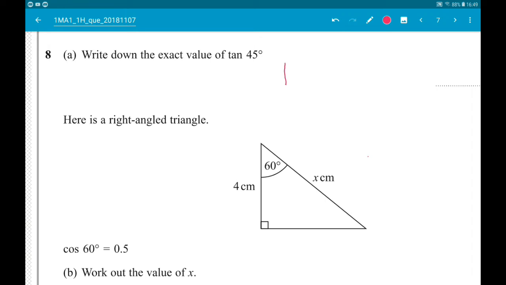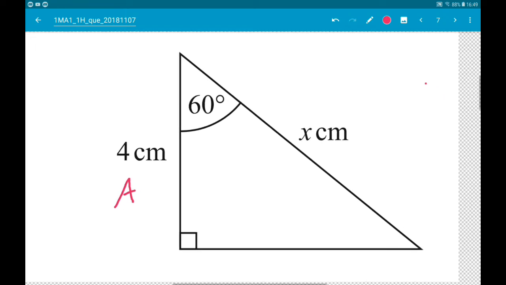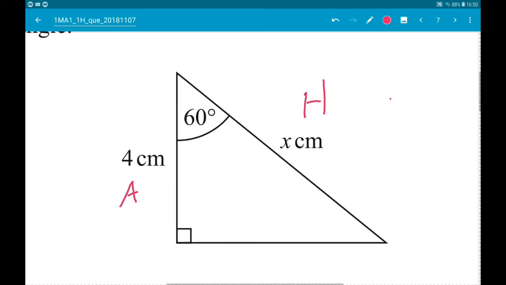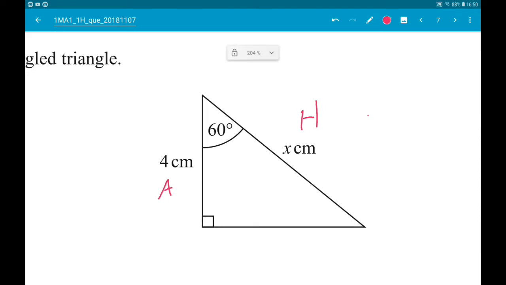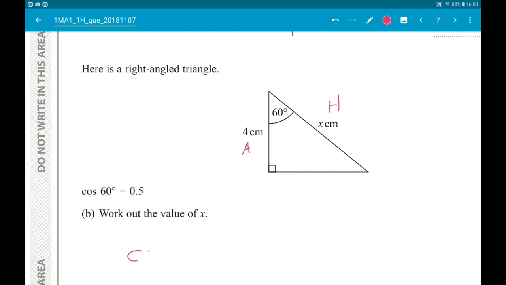Okay, so this side is the adjacent, x is the hypotenuse. So, are we using so, no, ca, yes. So, ca tells us cos of 60 is equal to the adjacent 4 over the hypotenuse x.